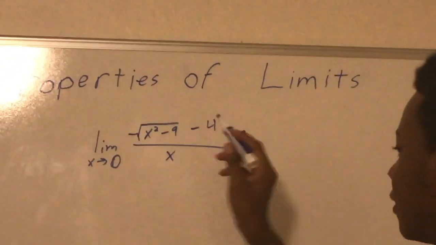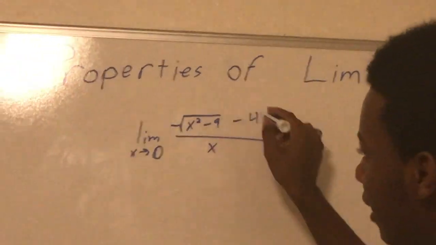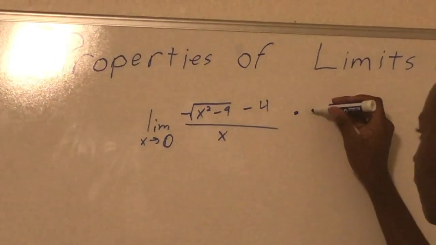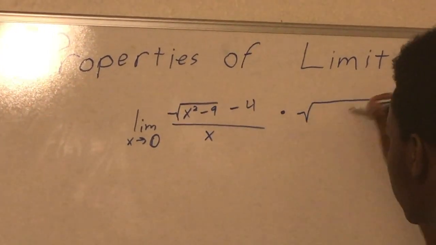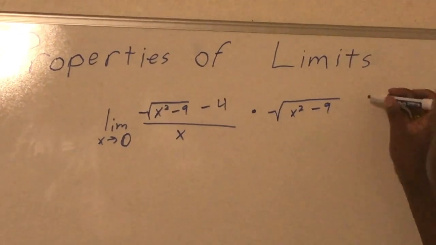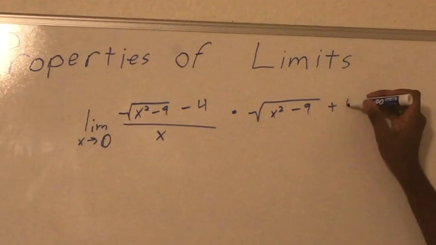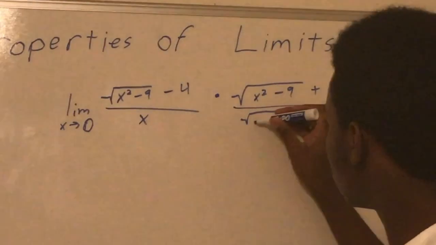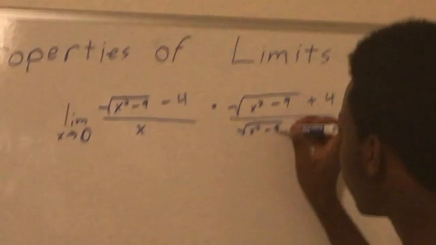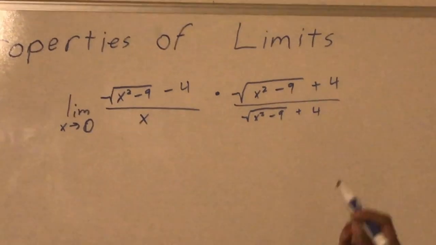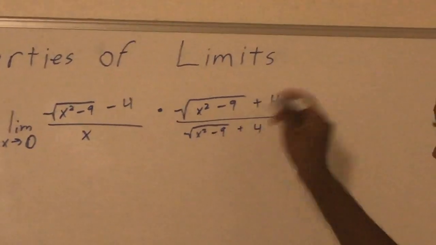We would do that by taking the radical numerator here and multiplying it by its conjugate. And then we do this to both the numerator and the denominator, just so that this cancels out to 1.